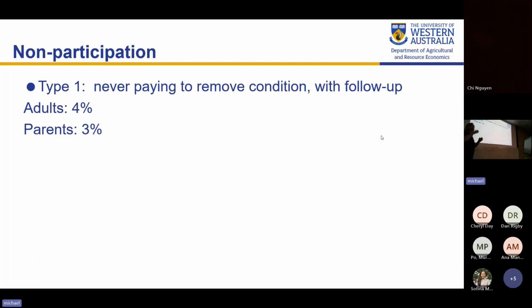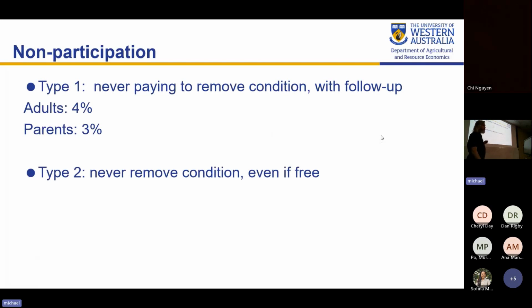The payments ranged across quite a wide range, so there would have been some cheap options in there for them. We asked the usual follow-ups: we noticed you never chose to pay for the pill, why was that? A few people gave protest answers, things like, I don't believe the pill would work. That's about 4%. About the same amount of people were having this non-participation behavior.